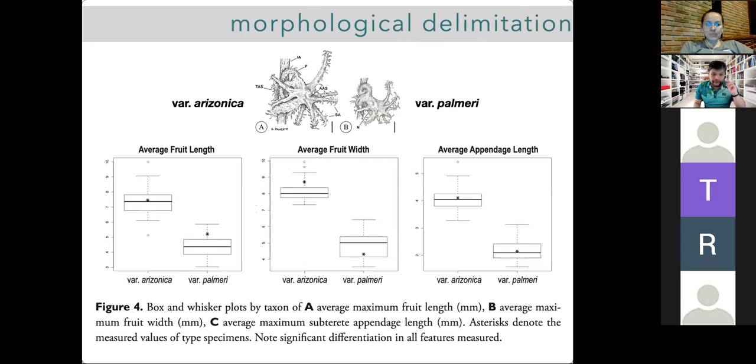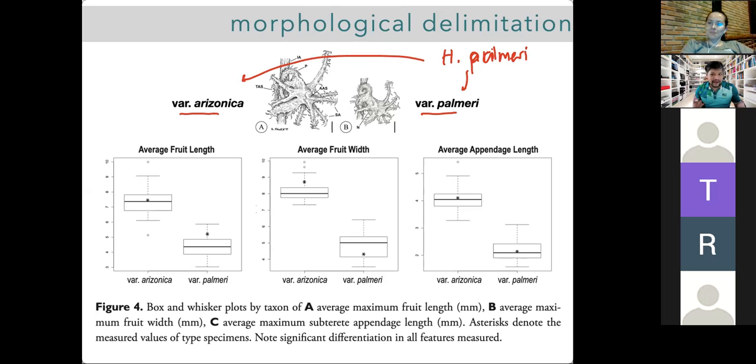So that's the first example you've already seen from the previous case study, right? Before that, these two varieties were in the same species, Hypogonella arizonica palmeri, and they were separated into two varieties because people thought that size doesn't matter, when it does in this case. Size does matter here.